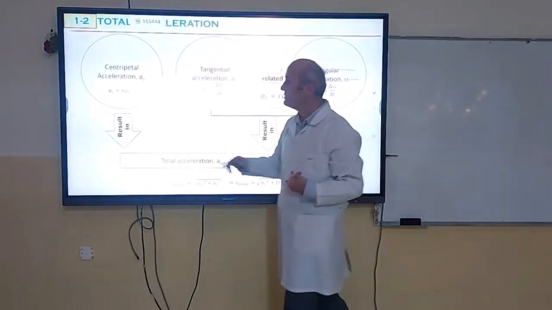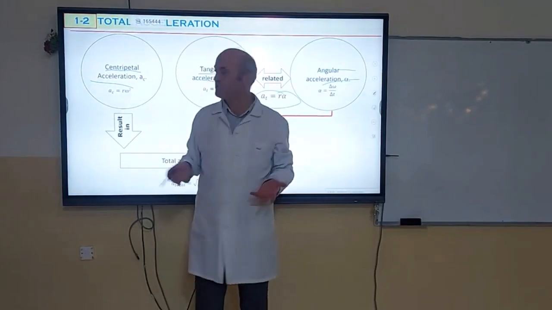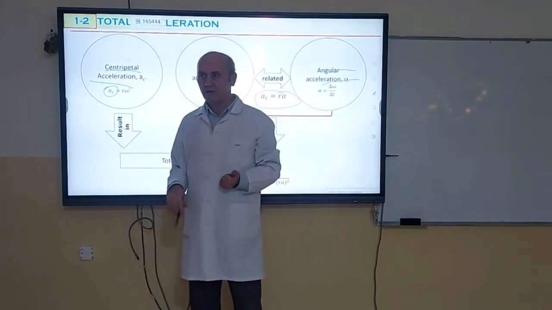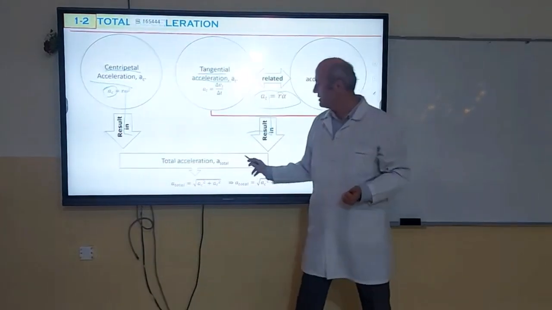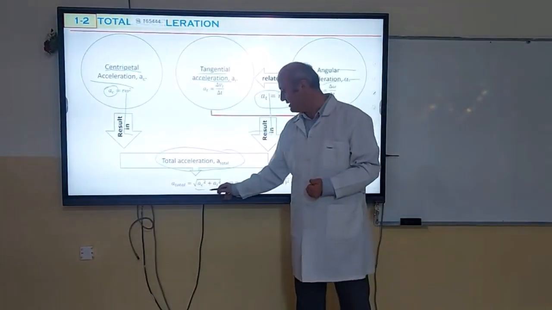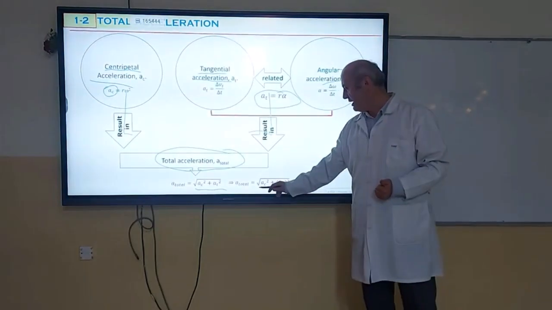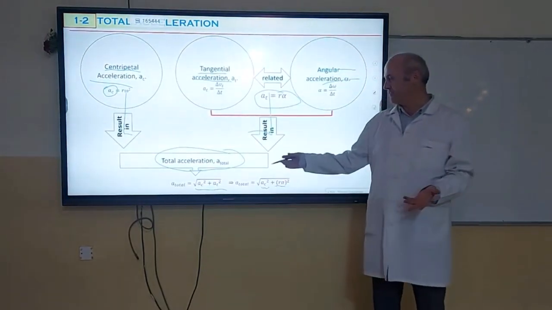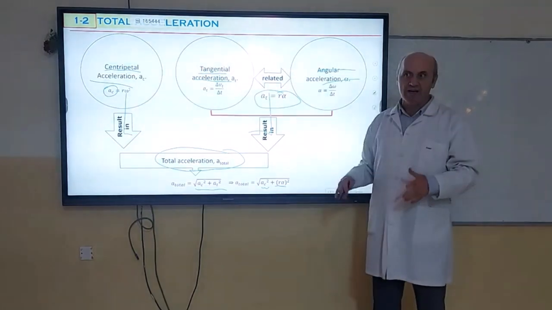The second one is another nature, because of the direction change, which we called centripetal acceleration. Then these two different accelerations combined, and we calculate total acceleration by this equation, the square root of AC squared plus AT squared. You can write a different version of this equation by inserting AC and AT in different forms.